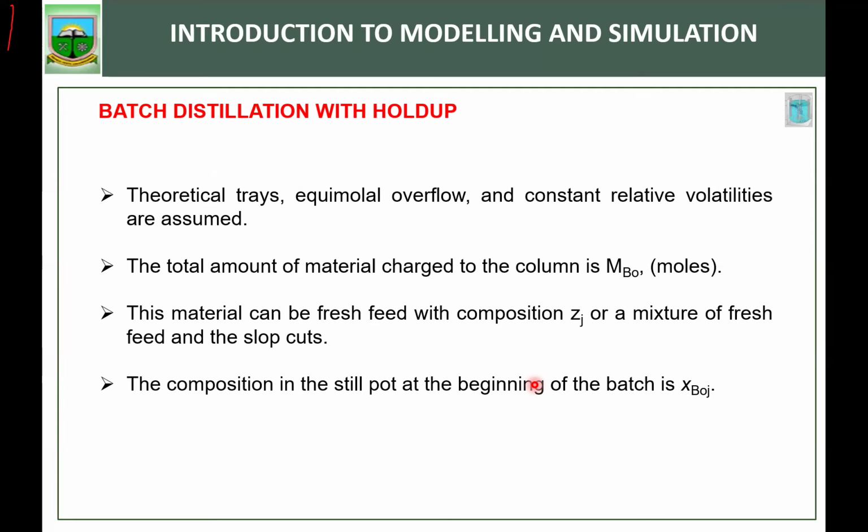Then we also want to say that the total amount of material or product that we charge in the column is what we call MBO. That means that's the initial amount of product we have in the system.